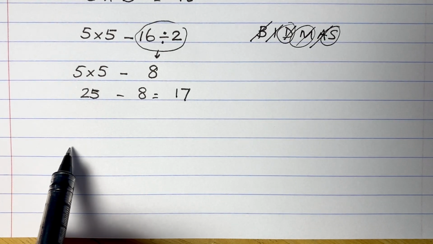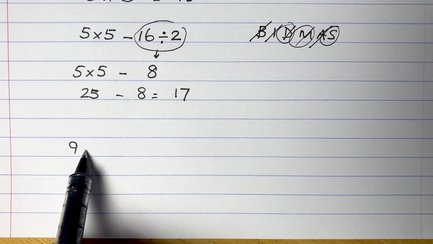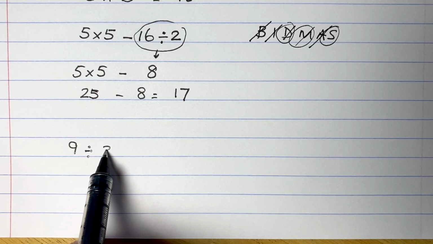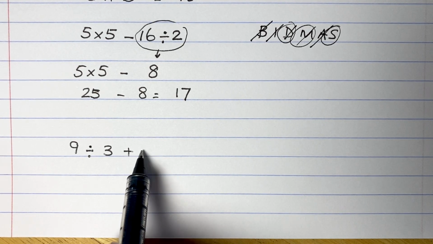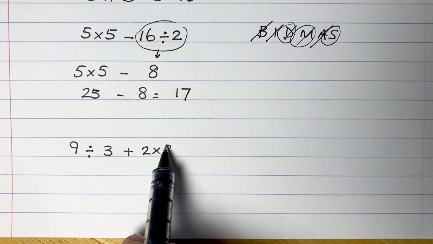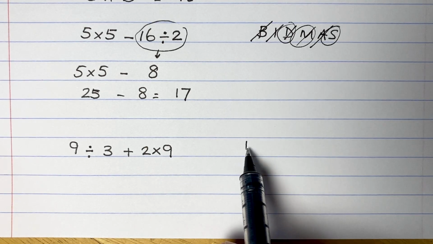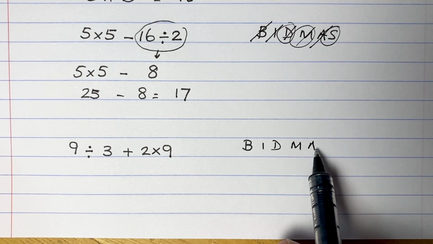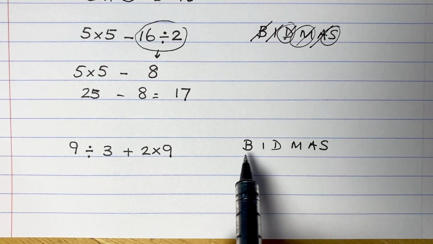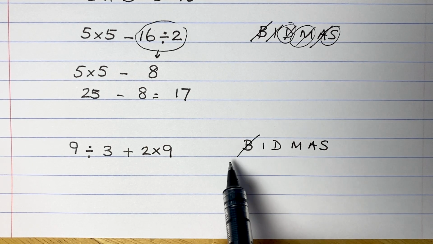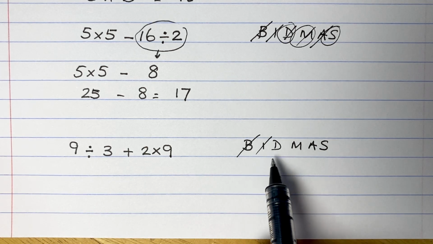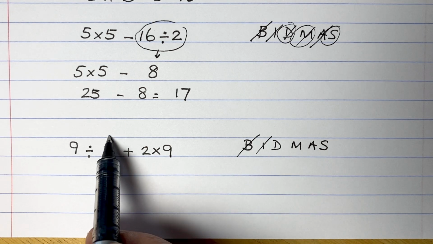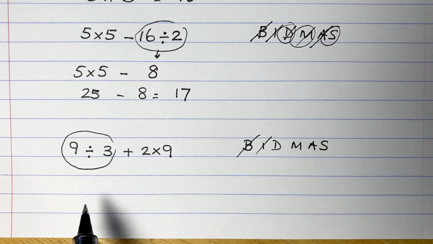Let's do another one. 9 divided by 3 times 2 add 2 times 9. BIDMAS. Brackets, there are no brackets and there are no powers. D for division. Let's do the division.